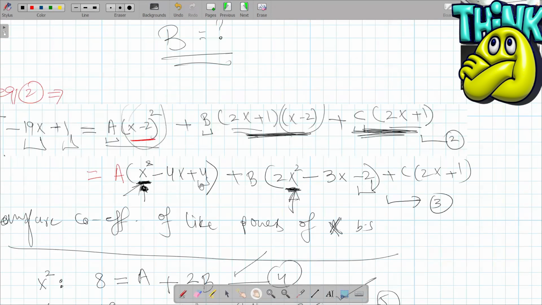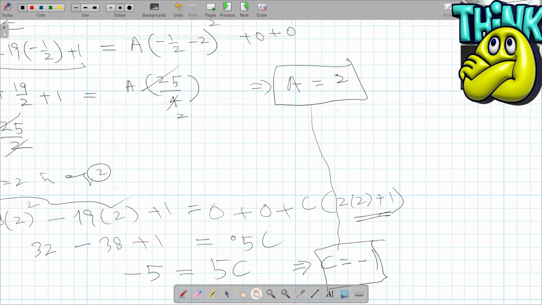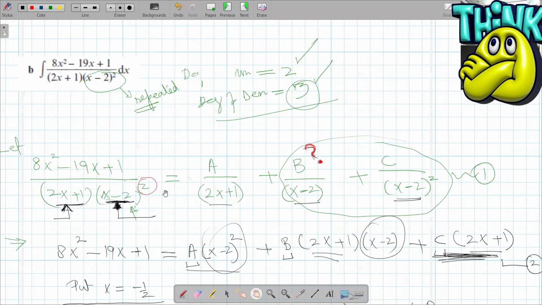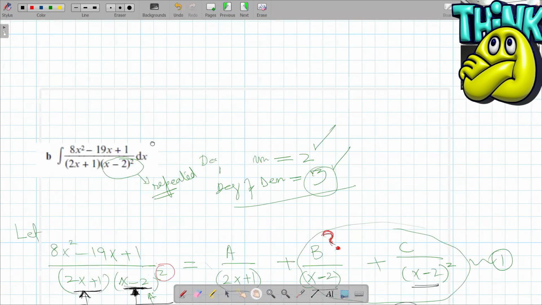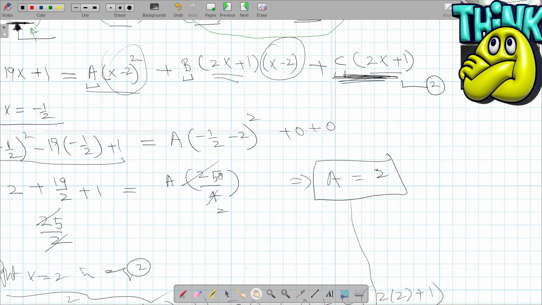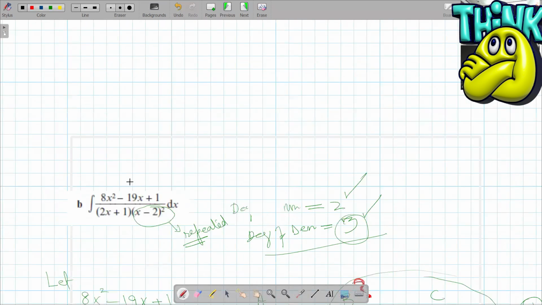So now we have obtained all these constants. a is 2, b is 3, and c is negative 1. What we will do is integrate here with 2, 3, and negative 1. So we have resolved it into partial fractions.